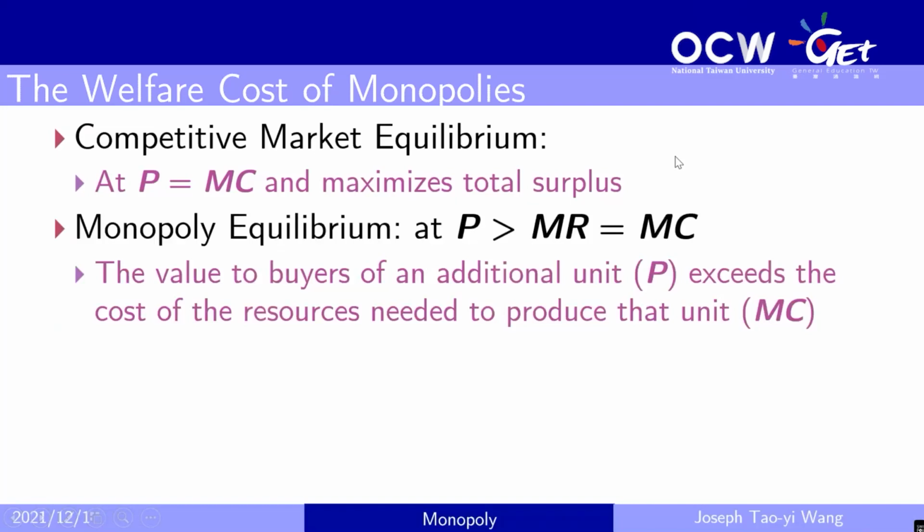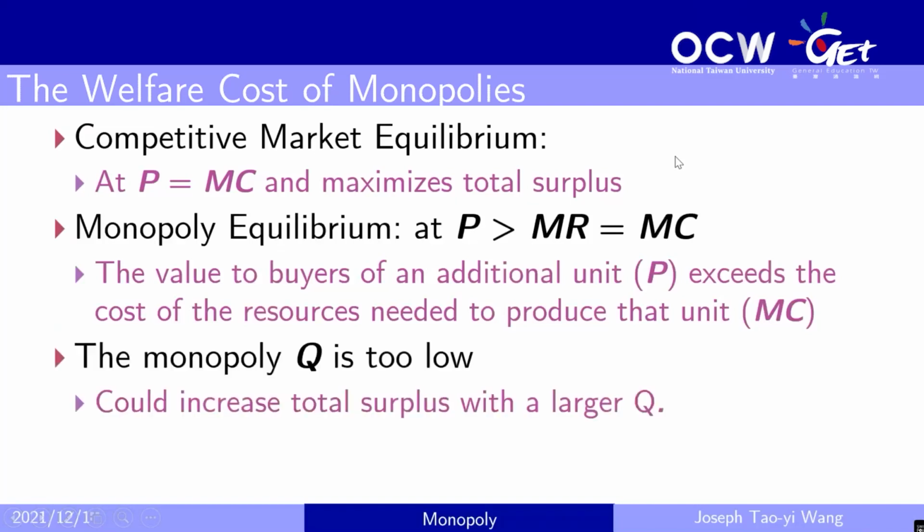Because of that, the marginal buyer has a value, which is P, that's greater than the marginal cost for society to produce this additional unit. And because of that, the monopoly quantity, QM, is too low. It's lower than the socially efficient quantity that maximizes total surplus. You could actually produce more in order to increase total surplus.